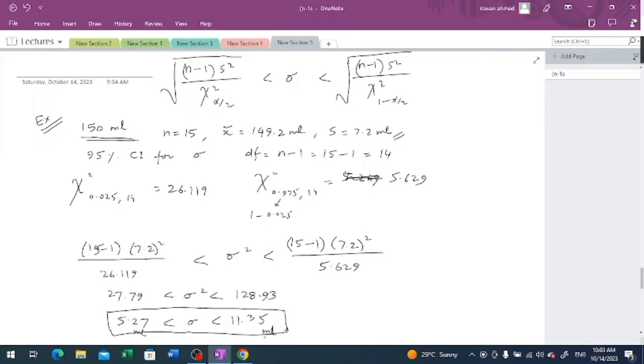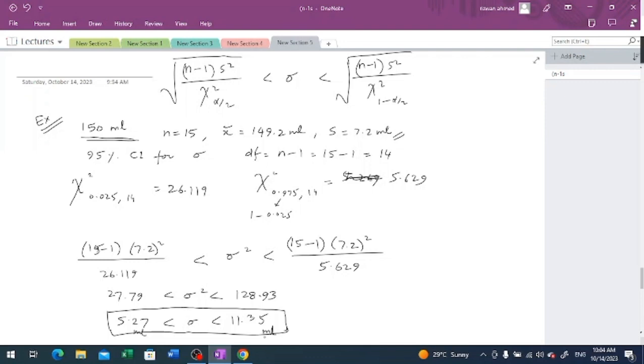Now, what if the manufacturer or the supplier has set some standard that the standard deviation should not exceed 5 ml, because it would affect the consumer's trust in the supplier? If it is giving you quantities with deficiencies, today's world is a world of competition and someone may go for an alternative brand.